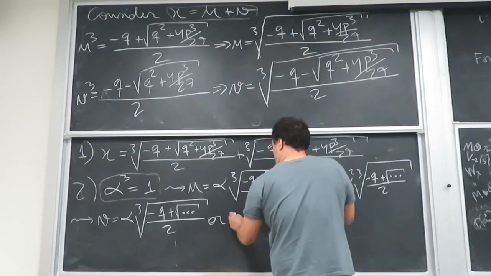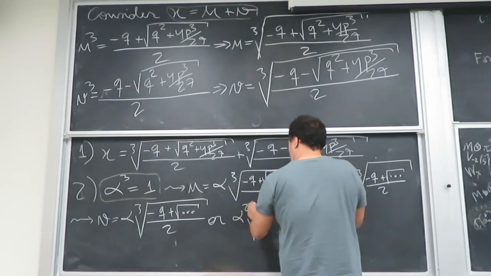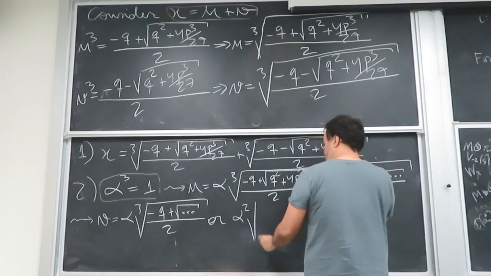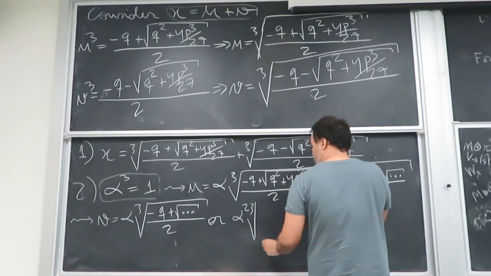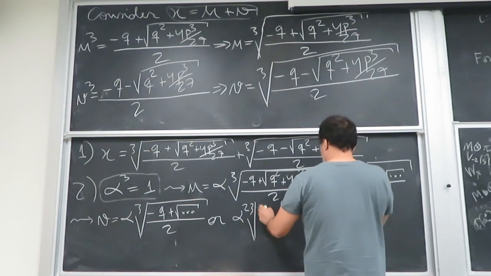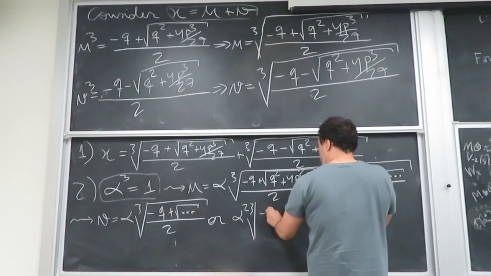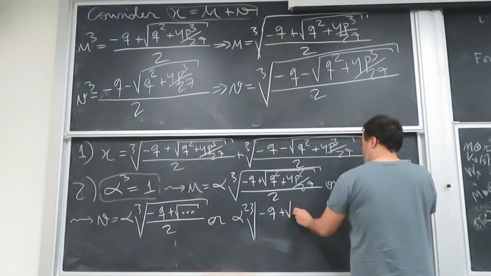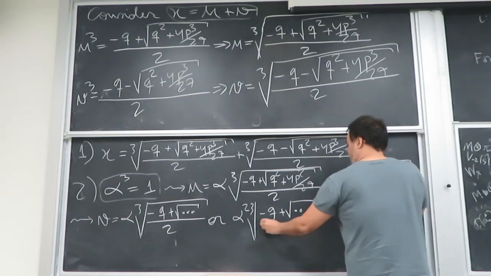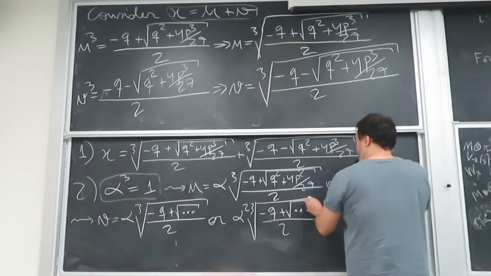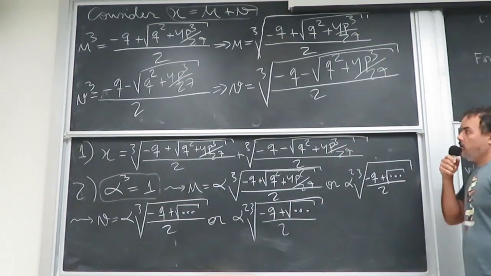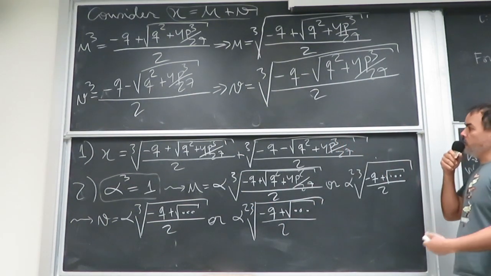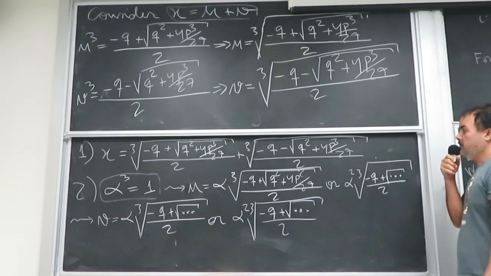Or alpha squared times the cubic root of minus q plus this. So, what other roots could we have from that?